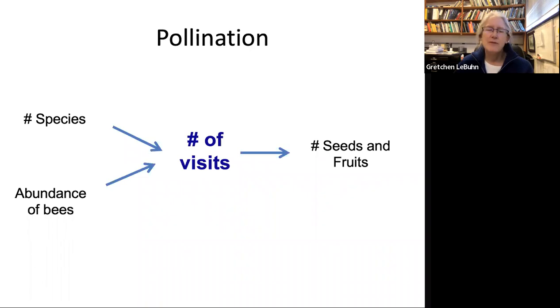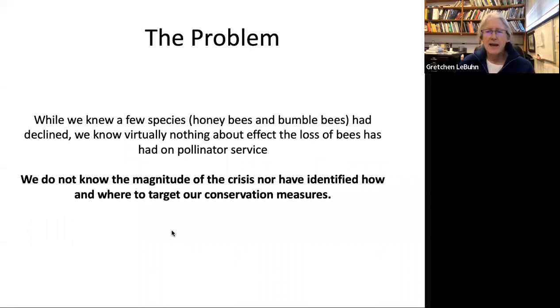And if you really think about this, we know that a few species of bees are declining, but we really don't know anything about what the effect of that loss of bees has had on pollinator service. And I would argue that we can't really talk about the magnitude of the crisis or identify how and where to target our conservation measures unless we have a sense of what's happening globally and nationally.